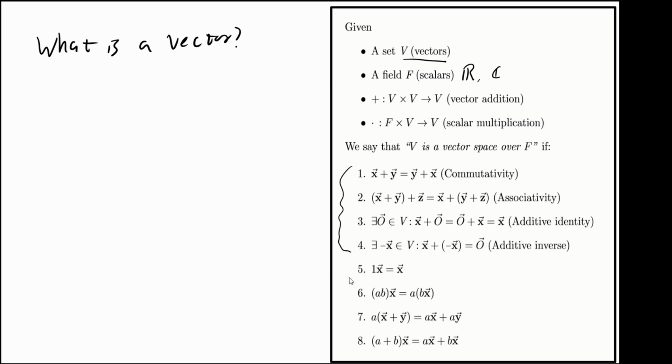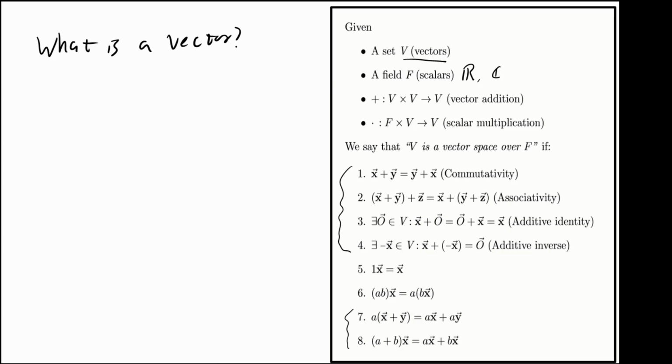The next 3 are all properties about how scalar multiplication works with addition. Most importantly, that we can distribute down here. Note that if I was to change how I defined vector addition, then the additive identity, the 0 vector, would probably look different.